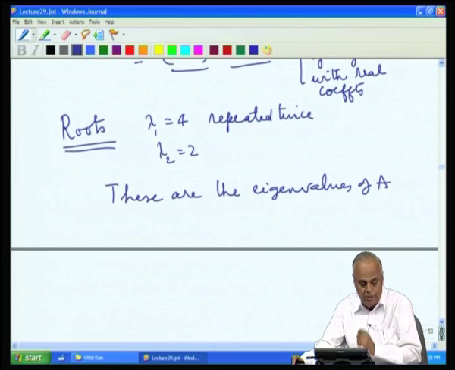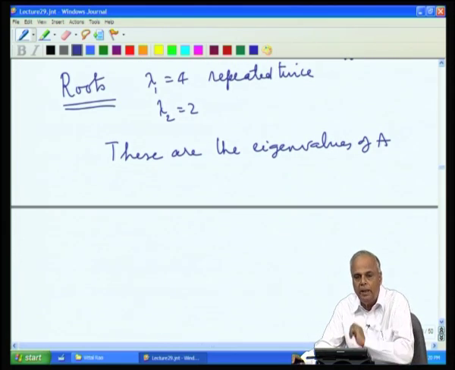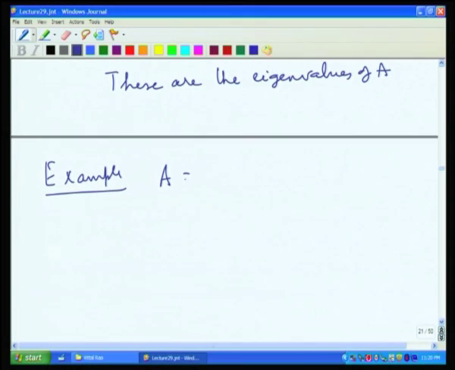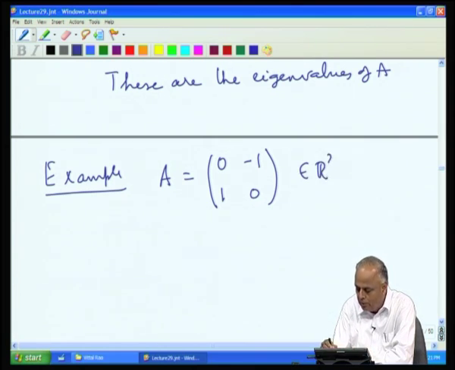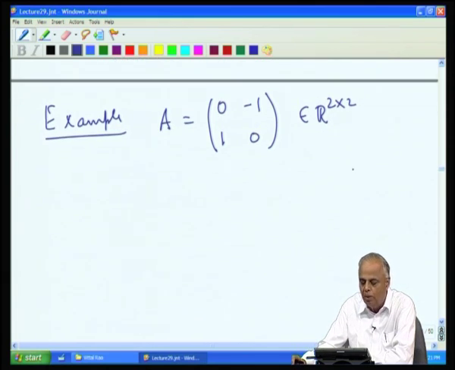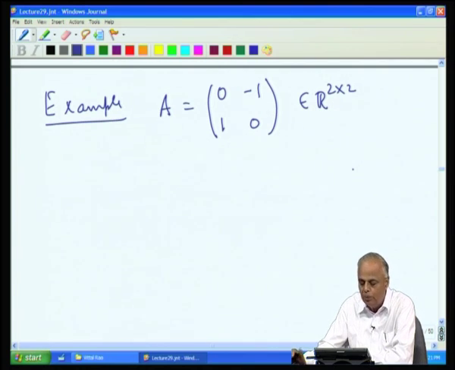So, we must remember that if we are dealing with real matrices and real diagonalizability, then we are looking for real eigenvalues. Let us look at another simple example. Let us consider the matrix A, which is 0, minus 1, 1, 0. This is again a real 2 by 2 matrix. So, its characteristic polynomial must be a monic polynomial of degree 2 because it is a 2 by 2 matrix.